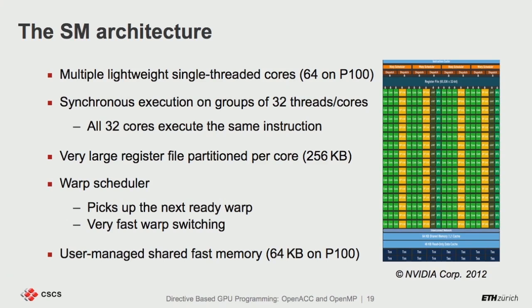So for this reason, every little core here should have its own set of registers stored physically on the SM. That's why there is this very large register file. So for each of these 64 cores, if one core requires like 10 registers, then I would need 640 registers to run 64 cores at the same time.